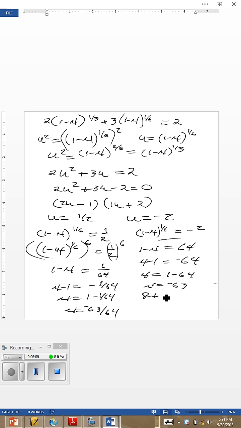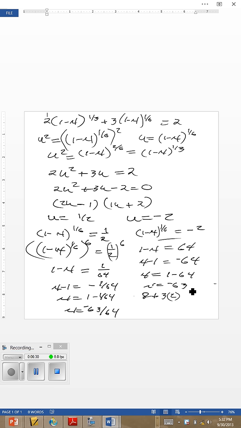And then I've got 3 times the 6th root of 64, and the 6th root of 64 should be known as 2. You can see this is going to be 8 plus 6, which is not going to equal 2.